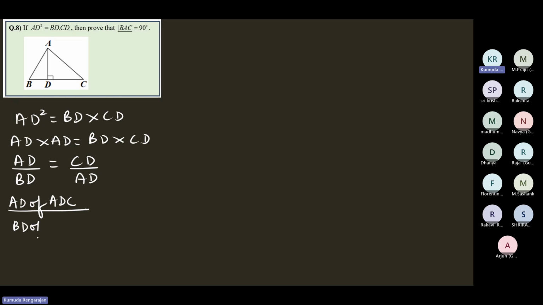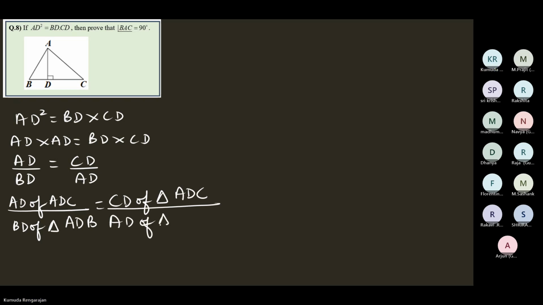AD of triangle ADC by BD of triangle ADB is equal to CD of triangle ADC by AD of triangle ADB. So in the numerator we have ADC and in the denominator we have ADB.